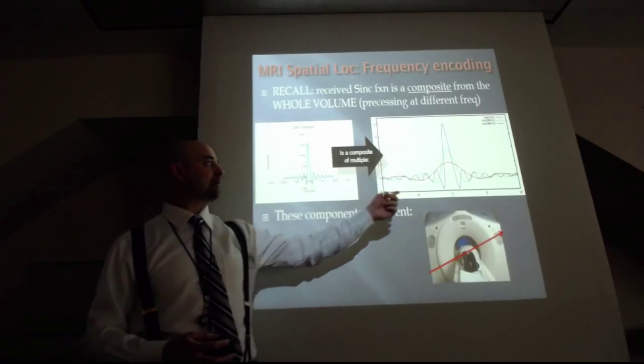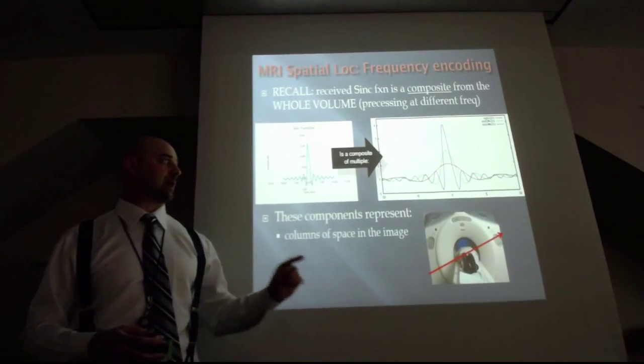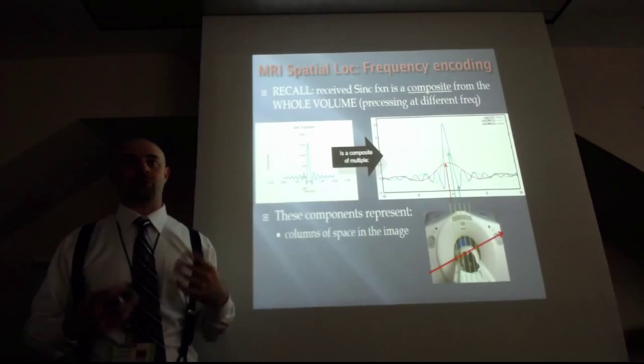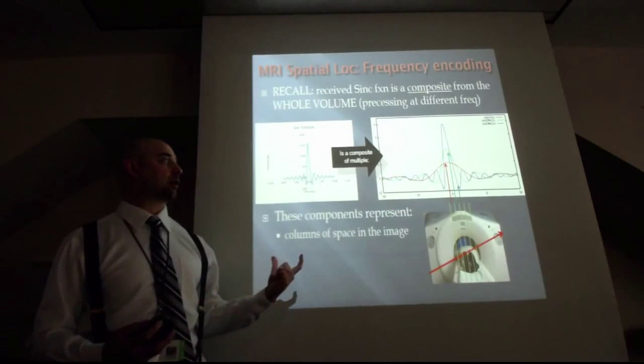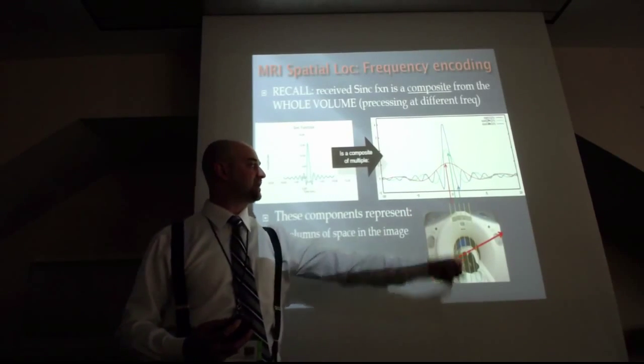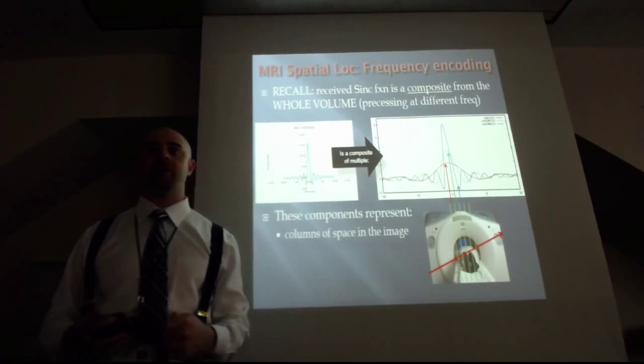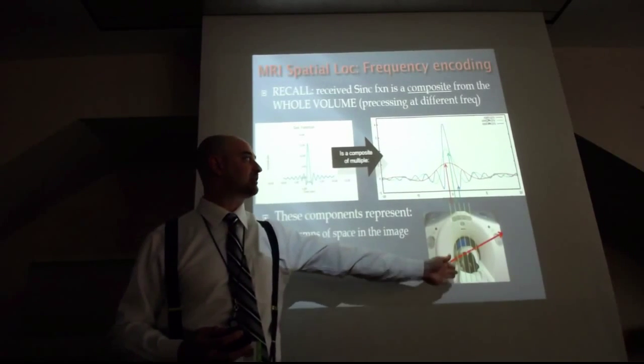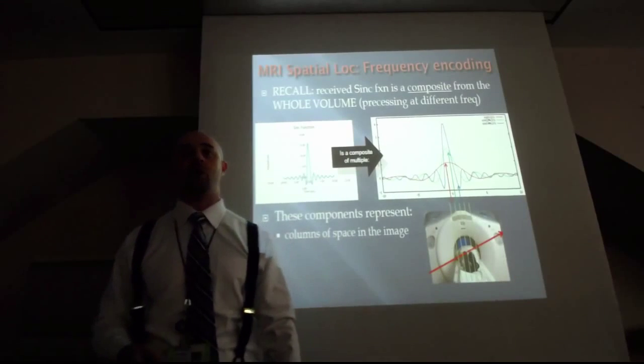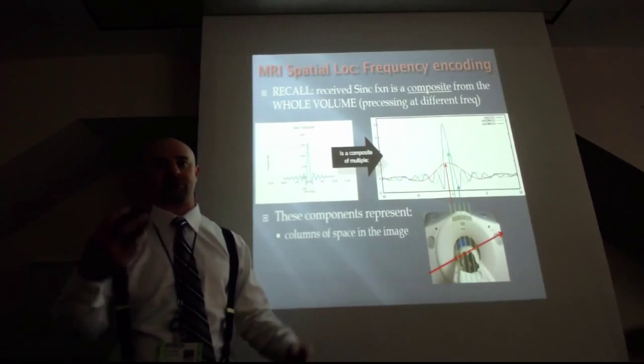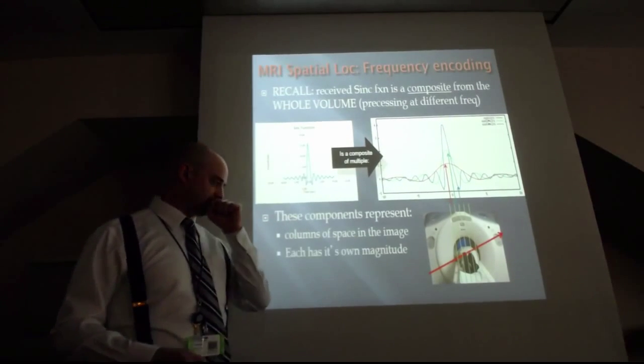Now, these component frequencies, say the blue, the red, the green, and the blue, in order of increasing frequency, are going to represent different columns in space. So say that red represents the leftmost column of space, the green somewhere in the middle, and the blue all the way on the patient's right. Well, patient's left, or right in the image. Excuse me.